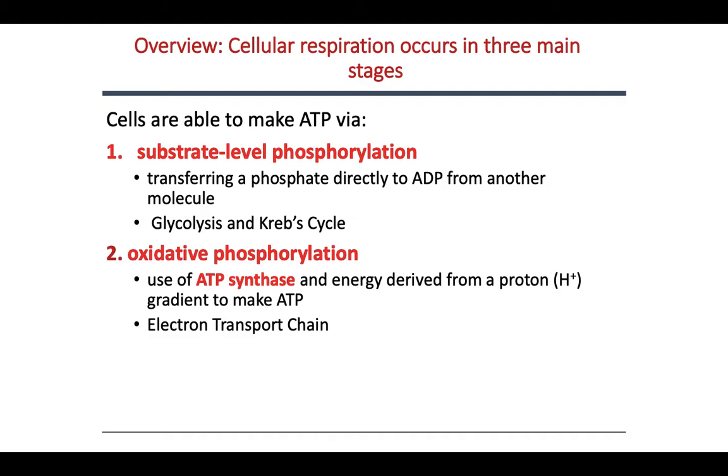Majority of the processes in the glycolysis and Krebs cycle involve substrate level phosphorylation. On the other hand, the oxidative phosphorylation uses the ATP synthase and energy derived from the proton H+ gradient to make ATP. This process is very much evident in the electron transport chain.